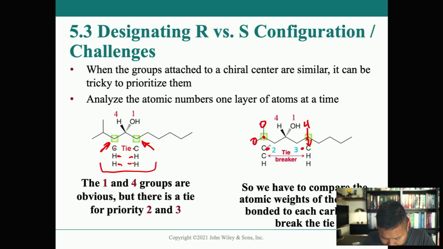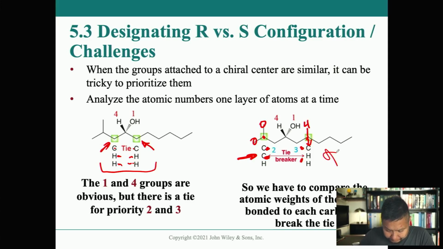But then the next one after that is the methyl group. So you have a carbon there on the second atom from the constituent, but over here the second atom from this constituent is a hydrogen. So in this little tiebreaker, carbon wins because it has the higher atomic number, so it gets higher priority over the other alkyl chain on this side.